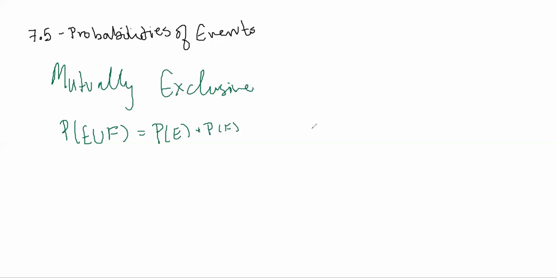And so the chances of me getting a red card and a 1 are going to be the chances of me getting a red card and the chances of me getting a 1 on the die, because there is nothing in common between them. So they are independent events. They don't have commonality.